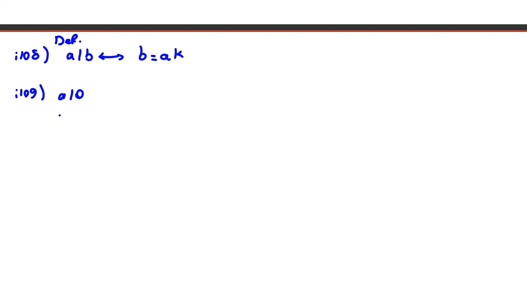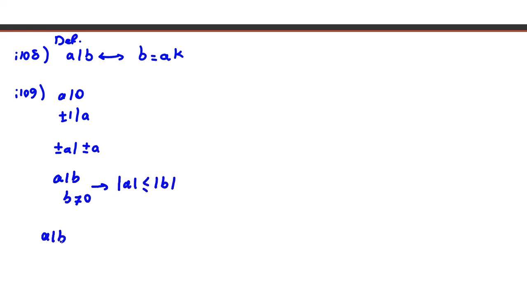The properties are: A divides 0, plus minus 1 divides A, and plus minus A divides plus minus A, all four possible cases. And if A divides B, B is not 0, we can say absolute value of A is less than or equal to absolute value of B. If A divides B, we can say plus minus A divides plus minus B, all four possible cases.